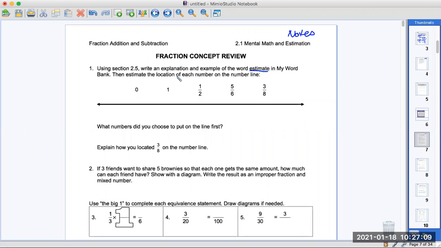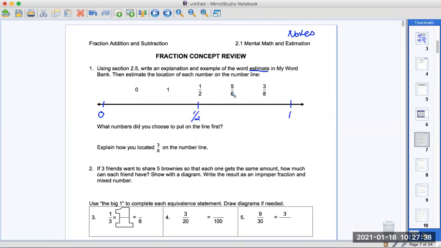Then estimate the location of each number on the number line. Okay, so we start with 0 at the beginning, and I'm going to put 1 at the end. So all my numbers here will fall somewhere on this spectrum between 0 and 1. Your job is to figure out how close is it to 0, how close is it to 1. 1/2 is always the easiest because you just cut it in half.